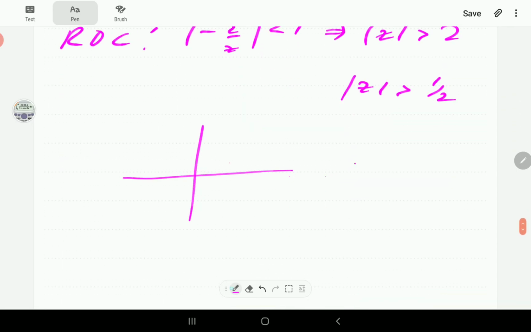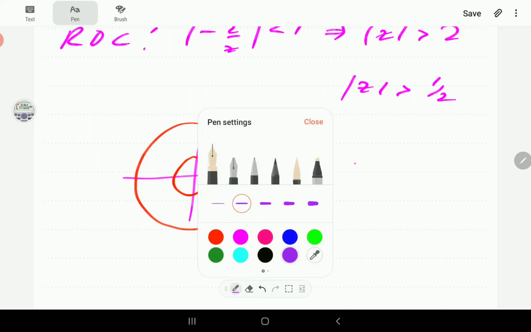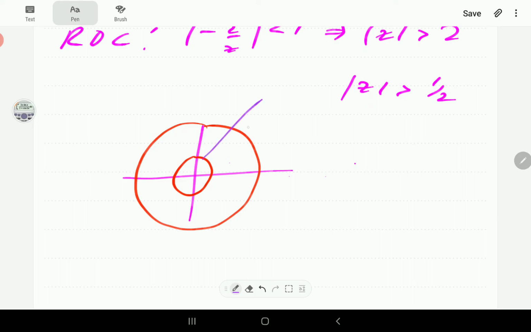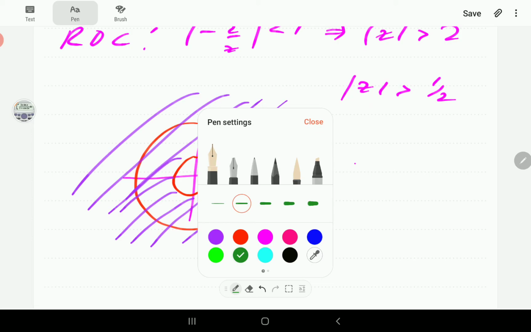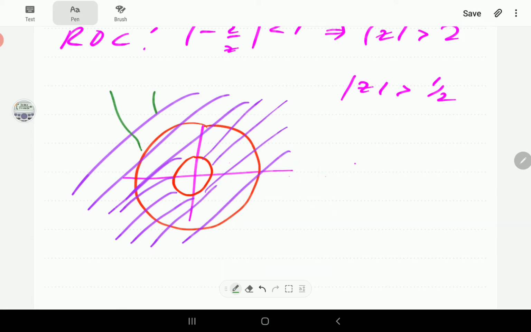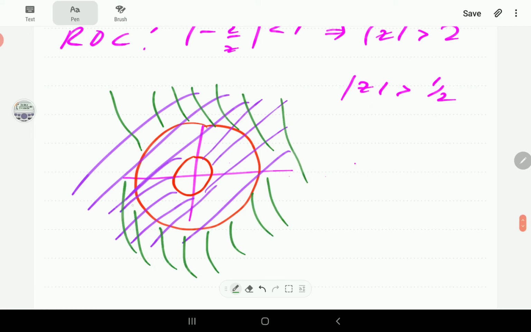The intersection is going to be outside the bigger circle. So, because you have got magnitude of z is greater than half here, and then you got magnitude of z is greater than 2 here, and then now you can see that the region, of course, that is shaded twice is the one outside the bigger circle.